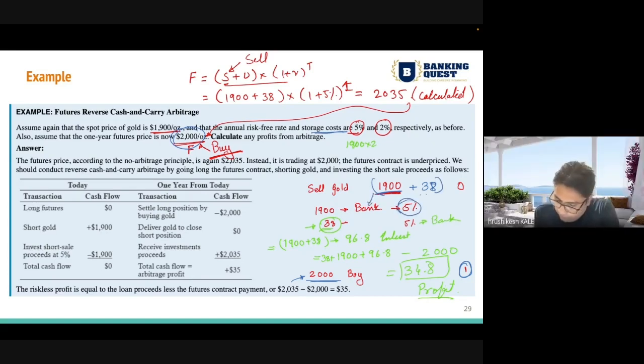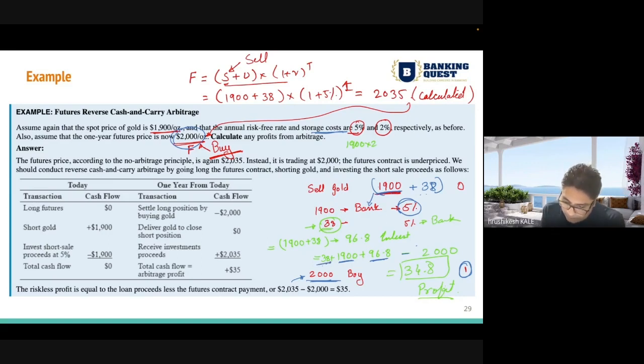So what will happen after 1 year? I will get more. After 1 year, I will be buying gold at 2000. Because I am buying, this will be negative, so minus 2000. What am I getting? I'm getting this 1900 because I sold gold, I'm getting this interest also, and I'm saving on this storage cost also.